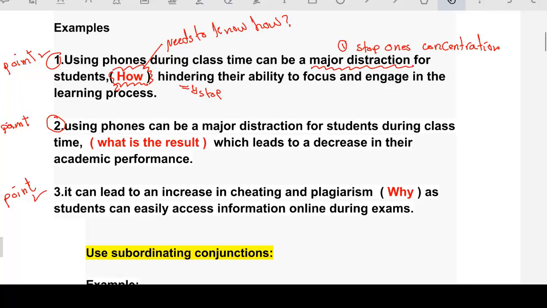So what we added here, how we expanded, how we stretched the first sentence, is by answering the question how: how using phones in the class can be a major distraction by hindering, or stopping, or blocking one's ability to focus and be engaged in the learning process. Okay, we understand how we write a point and answer the question how.